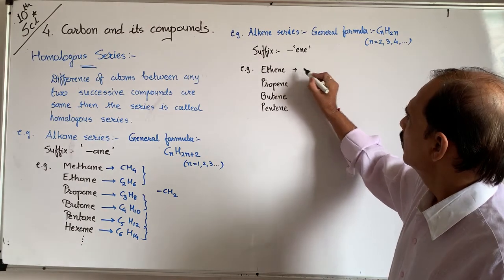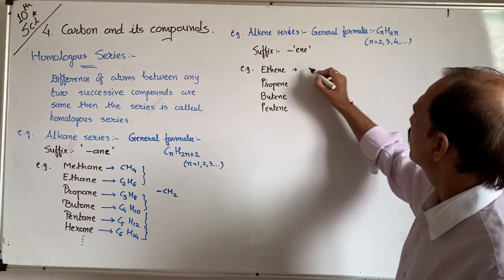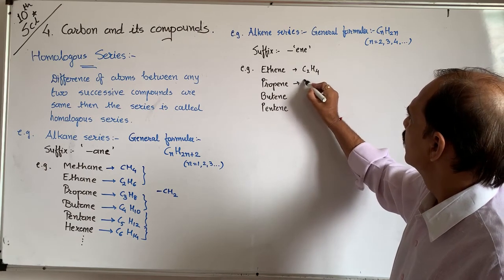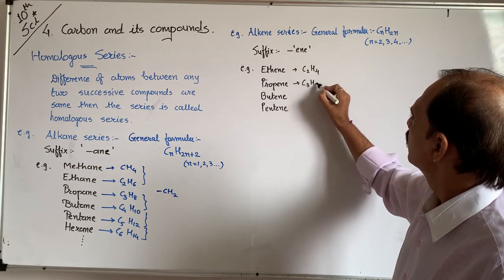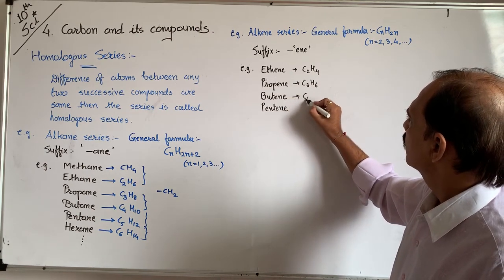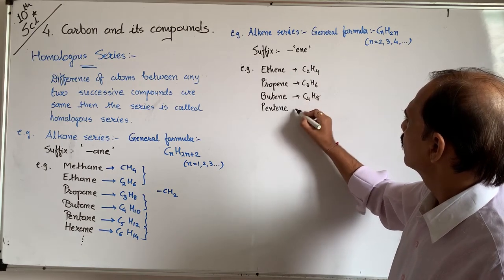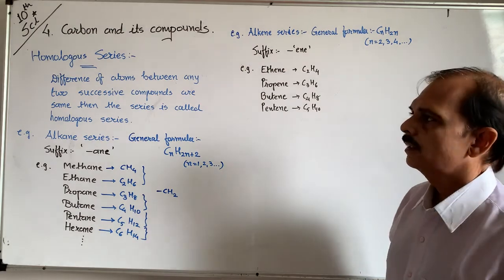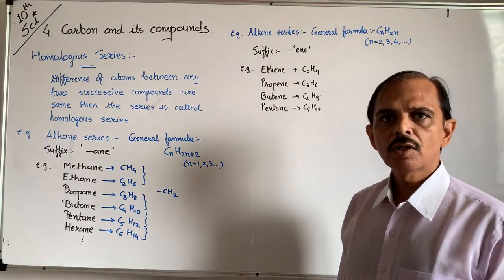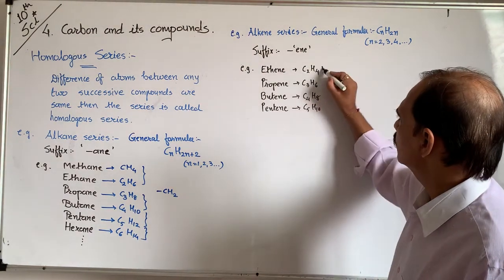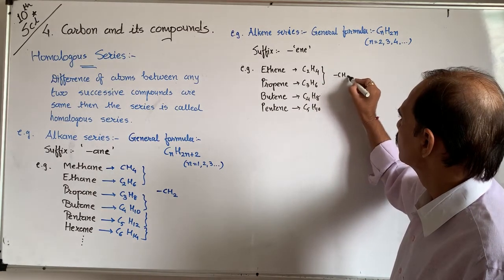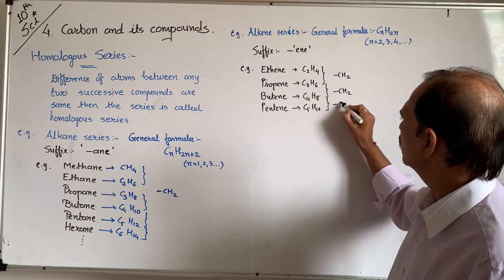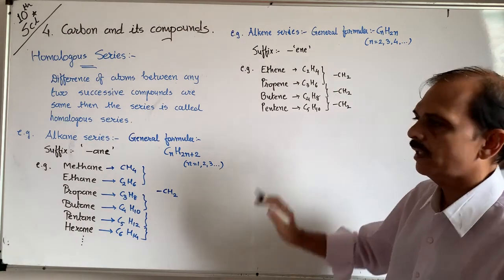Placing n equal to 2 in the formula, C2, 2 twos are 4, C2H4, C3H6, C4H8, C5H10. See, the difference in number of atoms between two successive compounds is again CH2. It is not necessary that every time it is CH2, but the difference in compounds remains the same or fixed.